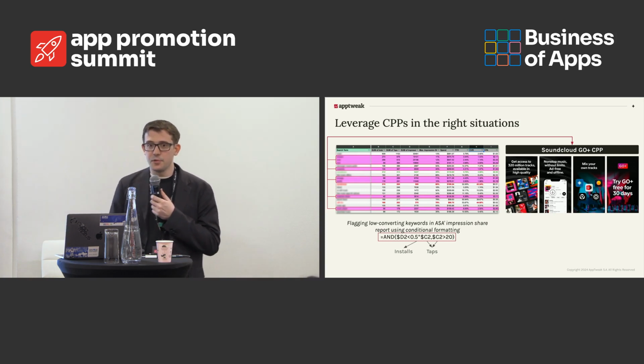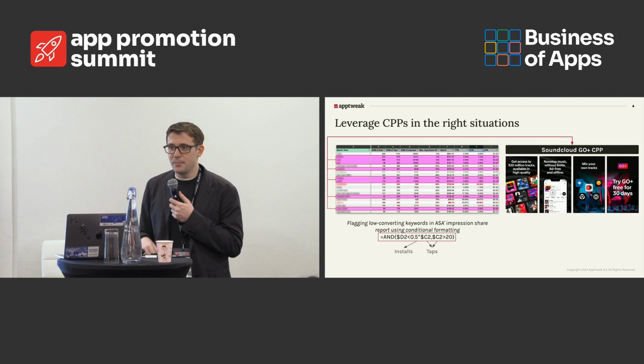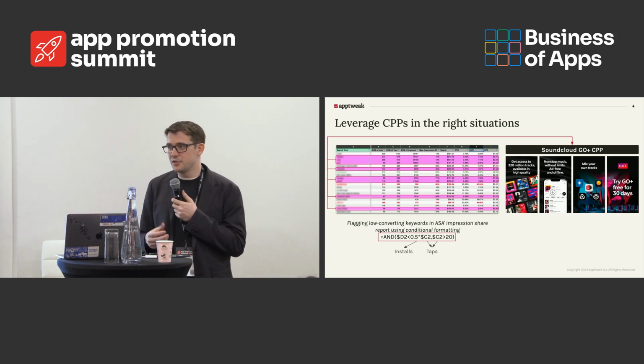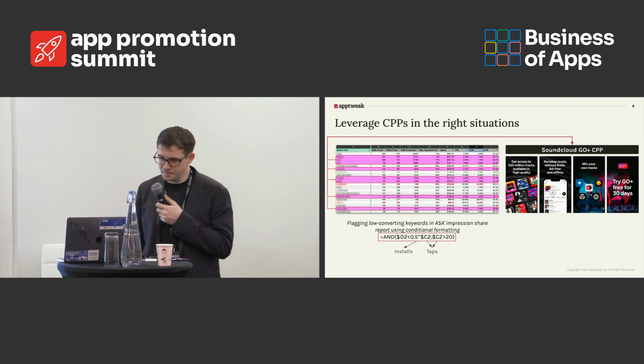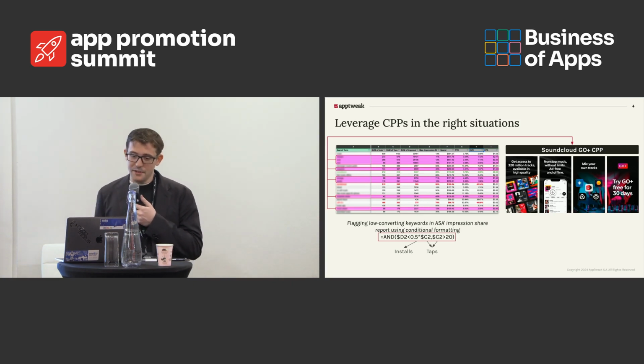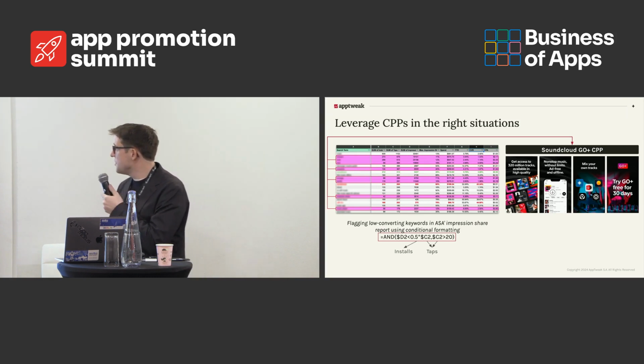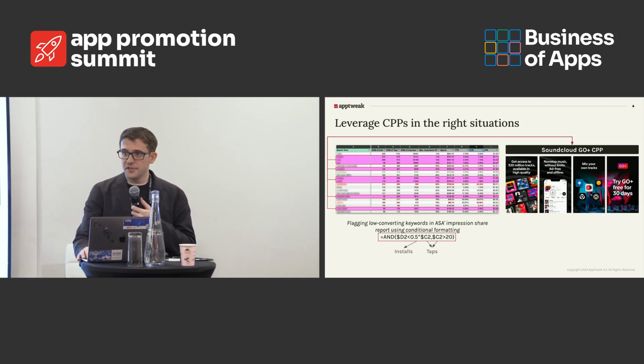I did put a control of at least 20 plus taps, simply because I wanted to make sure I would not give too much attention to very low performing keywords. And that helped me identify a few keywords for which just pushing a CPP about the Go Plus subscription of SoundCloud helped really increase conversion.